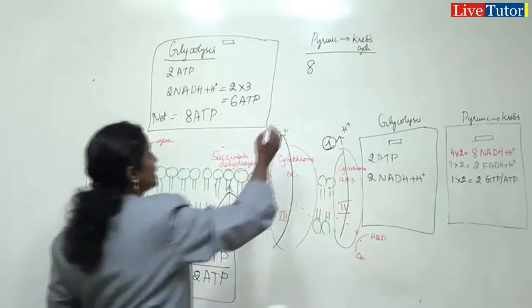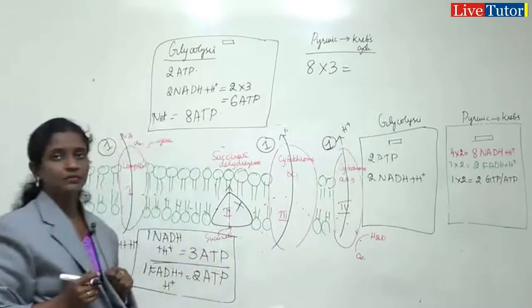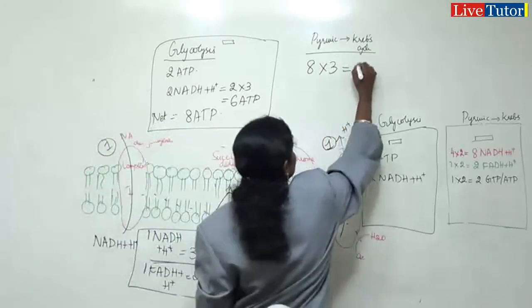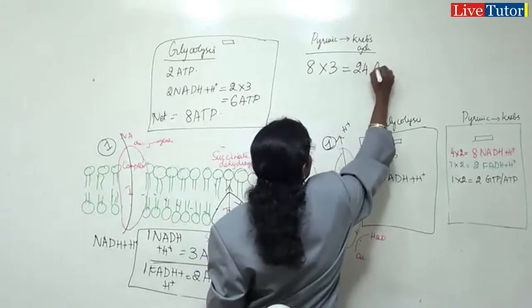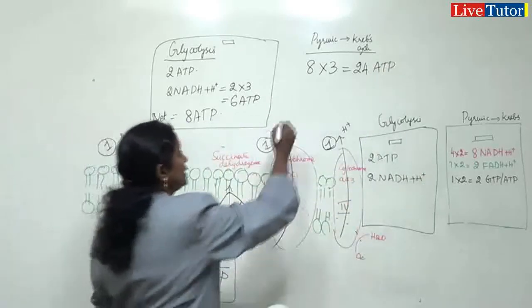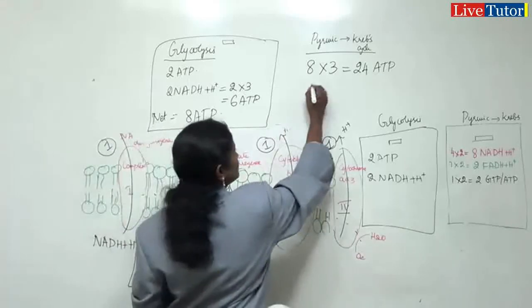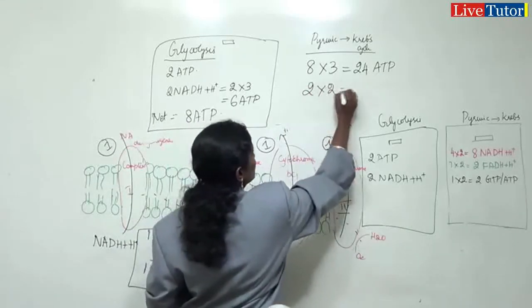So 8 into 3 is 24 ATPs. Then 2 FAD. FAD is only going to give us 2 ATP, so 2 into 2 is 4 ATP.